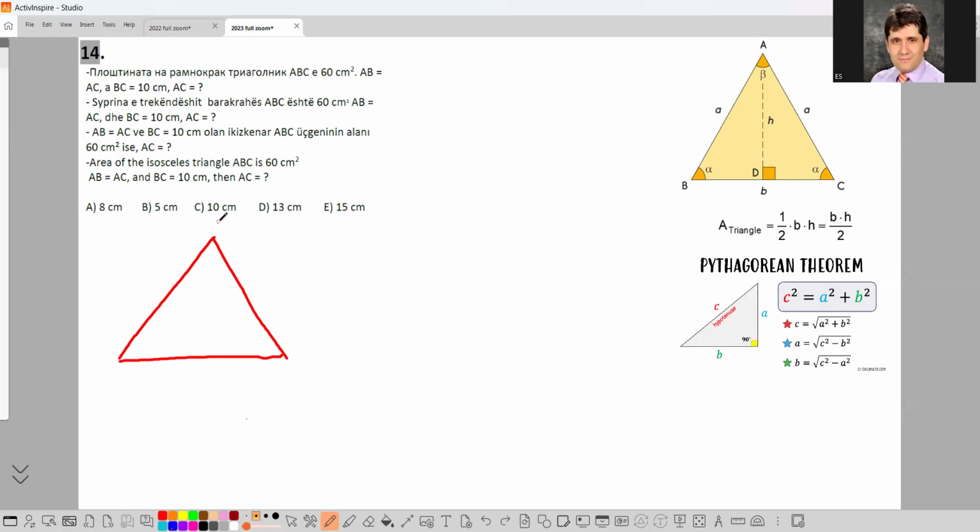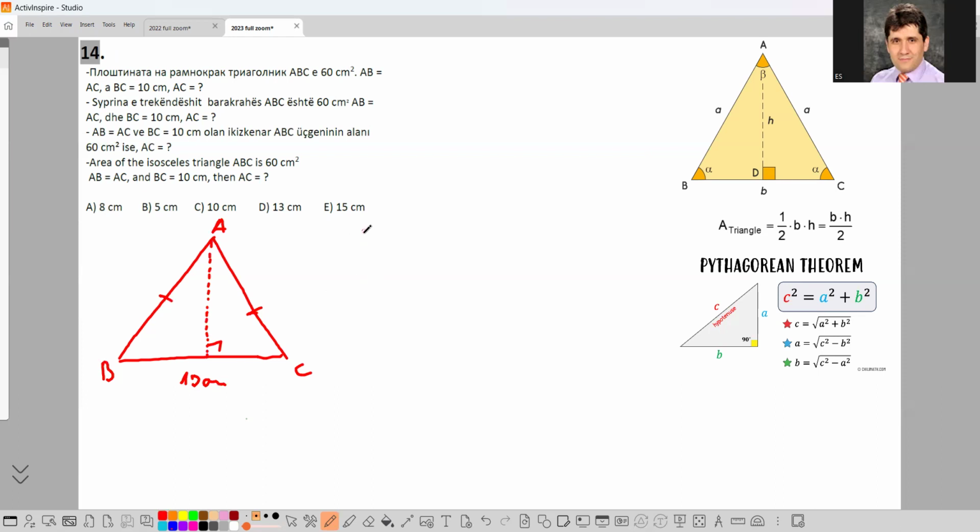AB is equal to AC, so these sides are equal. And it says BC is 10 centimeters. Now, because it's an isosceles triangle, the height is perpendicular, and we have two congruent triangles on the left and right here.